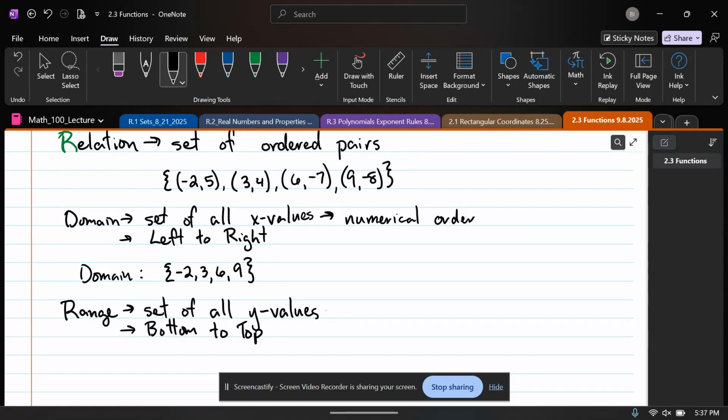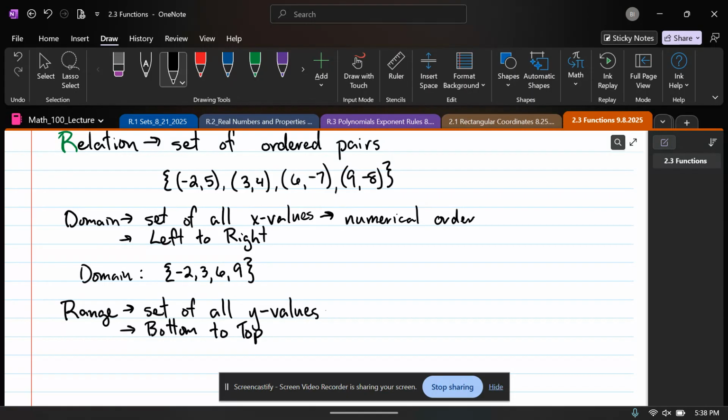The reason you want to think bottom to top is where are the lower y values? They're down at the bottom of the coordinate plane. The negative y values are down at the bottom. So you want to start at the bottom and go up for the range. Okay? Bottom to top. Domain is left to right. Range is bottom to top. It's the opposite way we read it. Okay? So bottom to top.